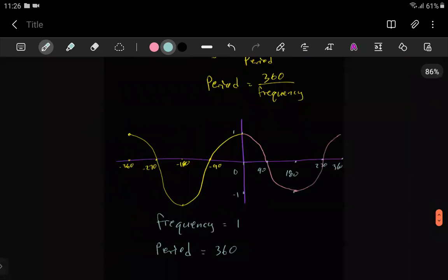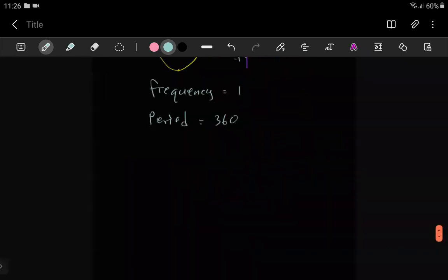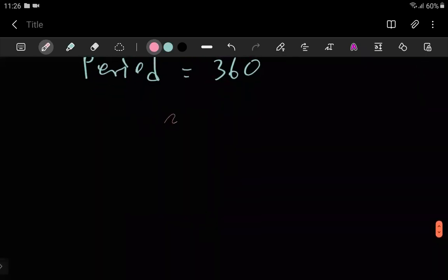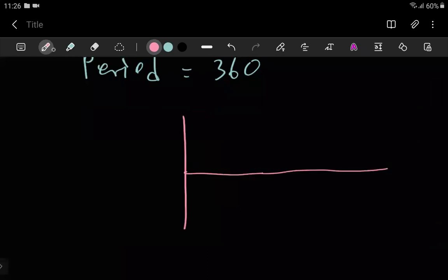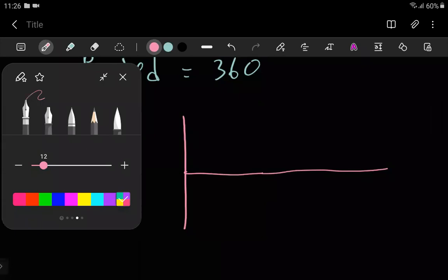So obviously with this one, when the frequency increases, it means you'll be seeing a full graph in a much shorter space. Let's even crank things up. If your frequency was a 3, it means that every 120 degrees you have a full graph.